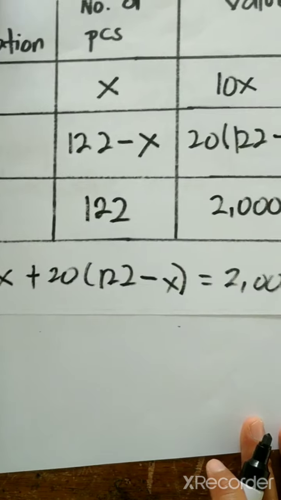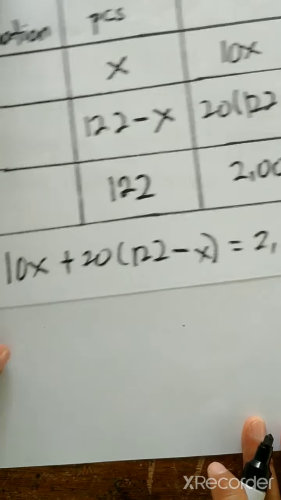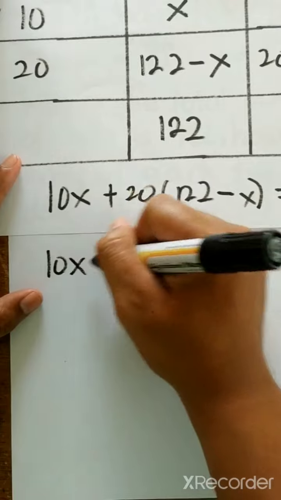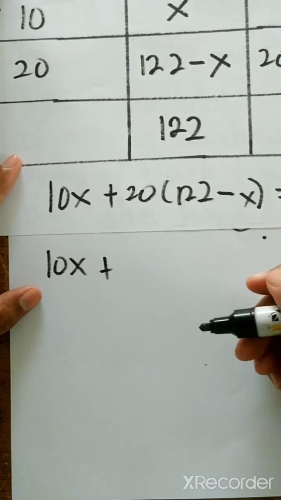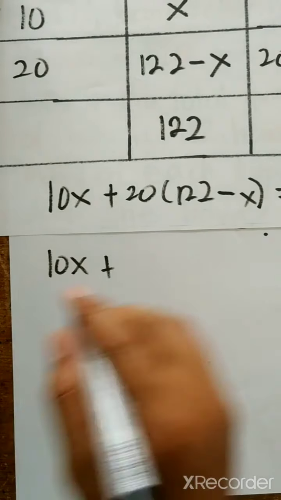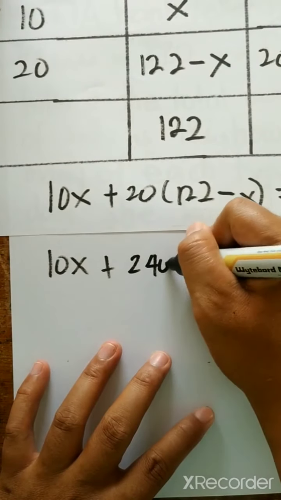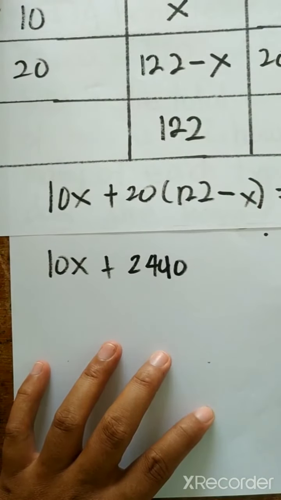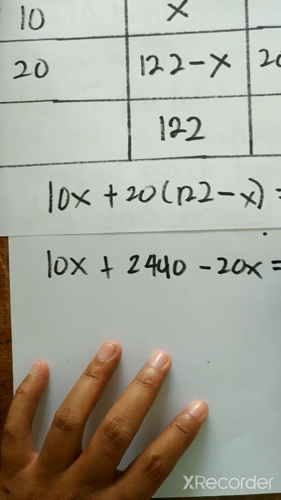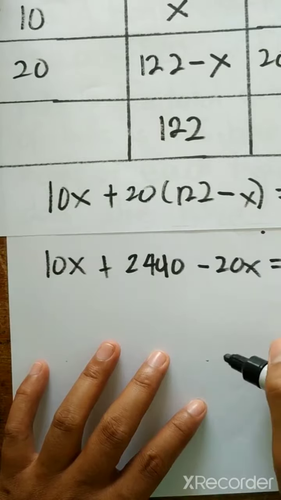Okay, let's continue. 10x plus, distribute. 20 times 122 is 2,440, minus 20x equals 2,000.